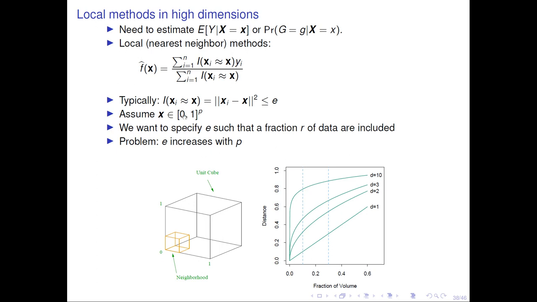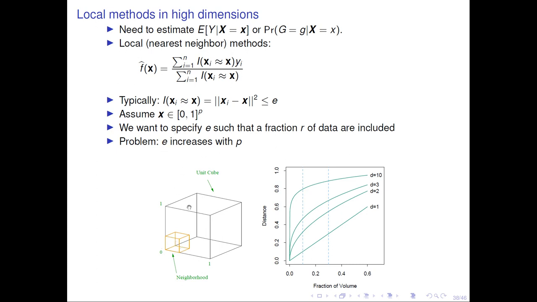But let's look at this setting. For simplicity, let's assume that all the x's are in the cube. So each component is within the interval 0 to 1, and we have p of those. So we have a cube to the power of p. Let's assume that we want to specify the e such that a fraction, let's say 5% of the data, is included when we take this average.